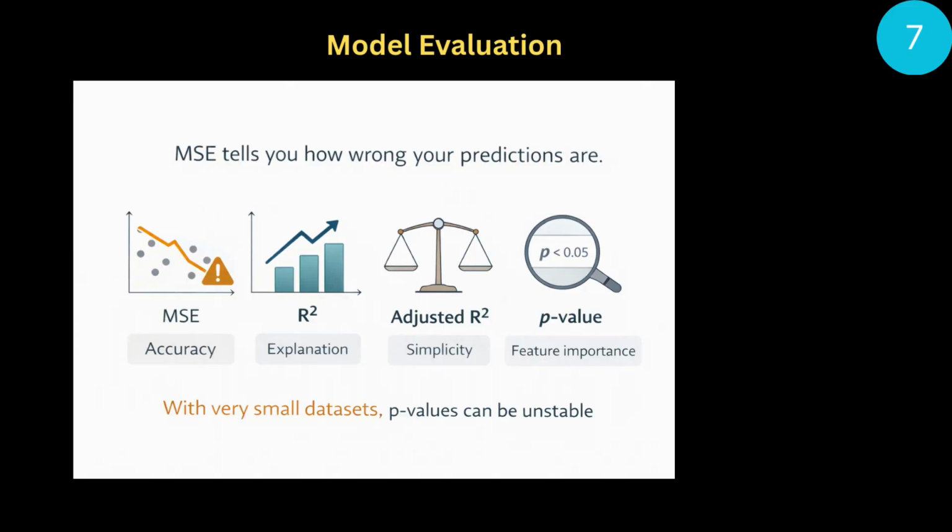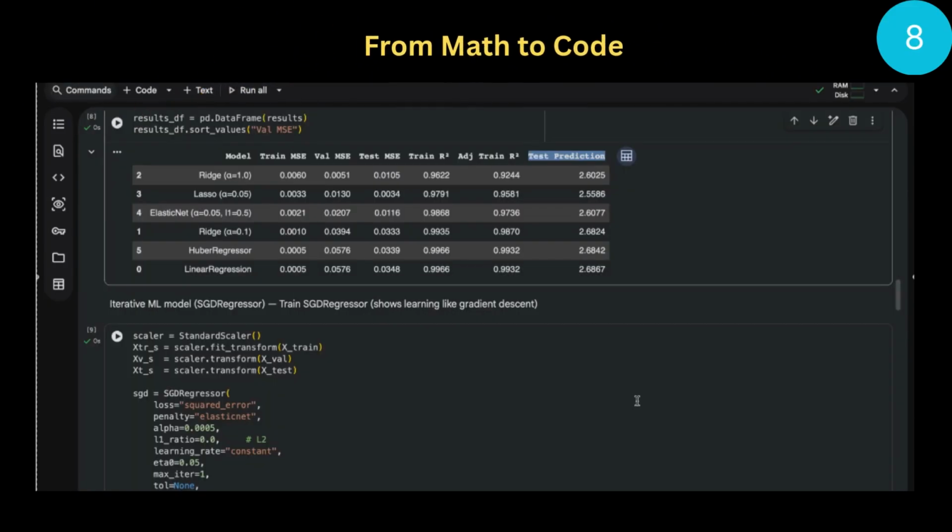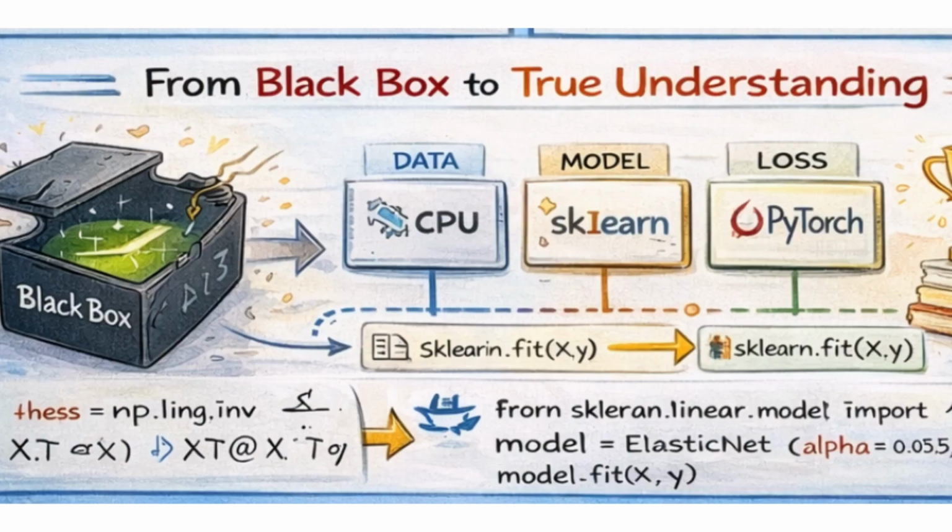We looked at p-values. We didn't just train a model, we evaluated it properly. 8. From math to code. We implemented everything in NumPy. Then we used scikit-learn. Then we moved to PyTorch and even ran models on the GPU.